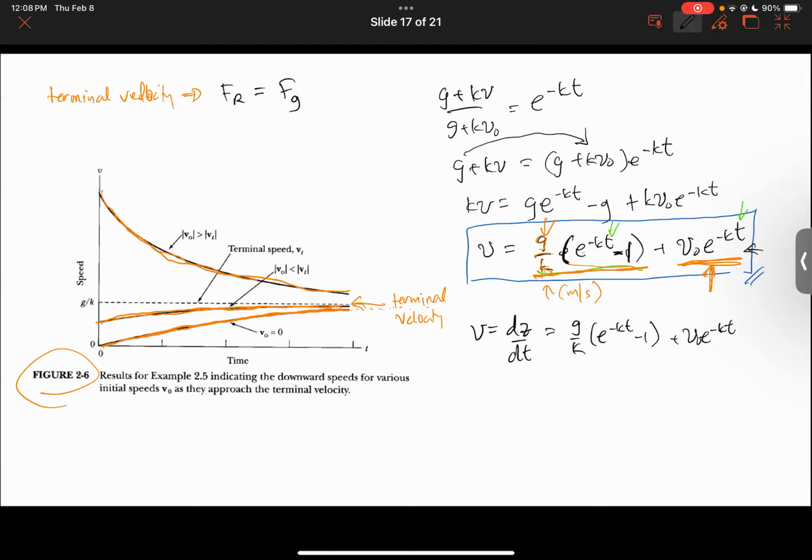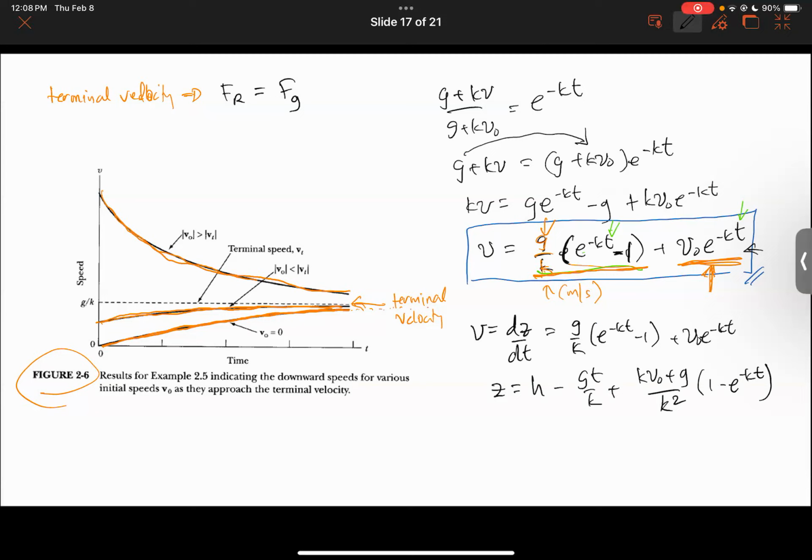So z, hindi ko na gagawin yung mathematics. z equals h minus gt over k plus (k v naught plus g over k squared) times (1 minus exponential minus kt).